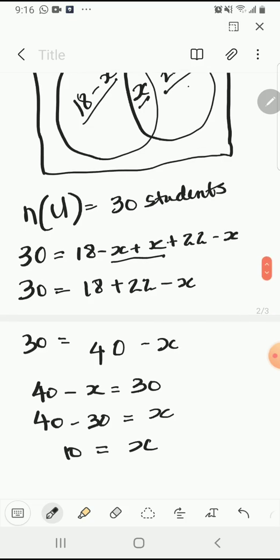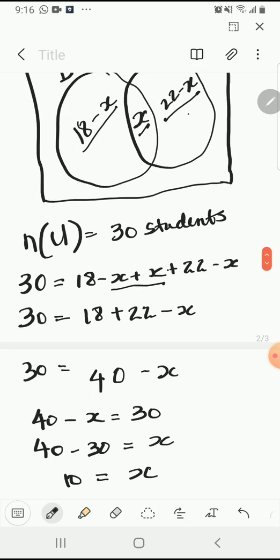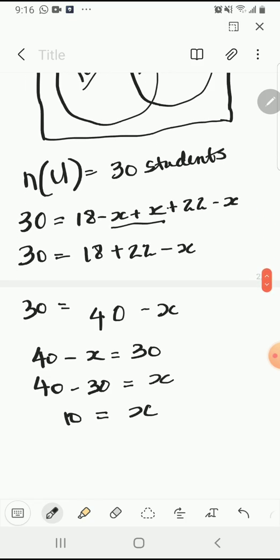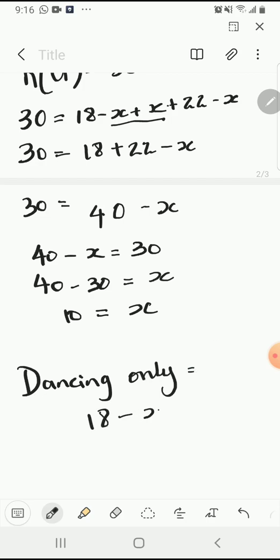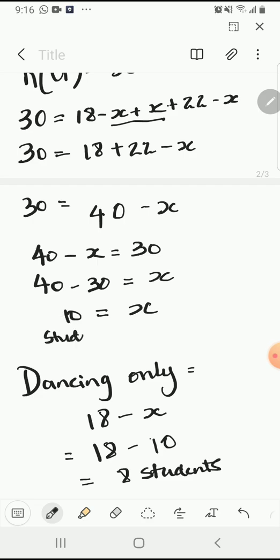So if we're going to find dancing only, we must subtract 10 from 18. Therefore, dancing only is equal to 18 minus 10, which is 8. So 8 students like dancing only. 10 students like both.